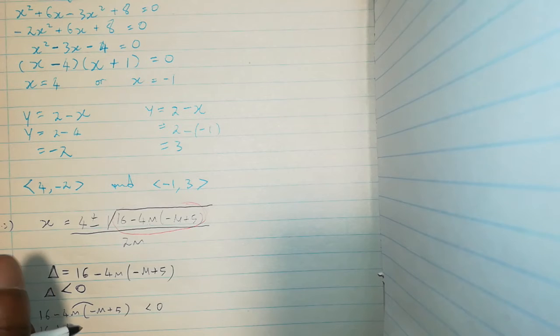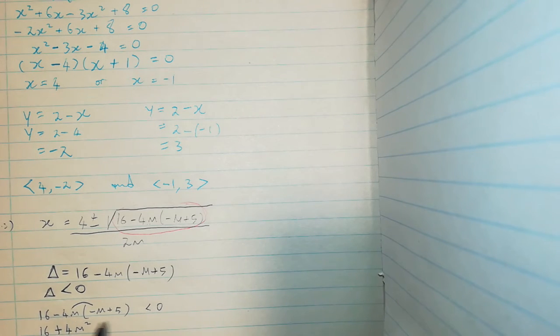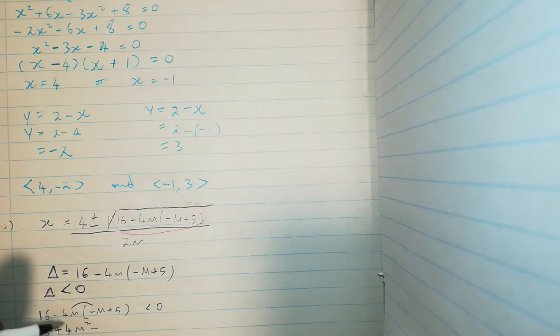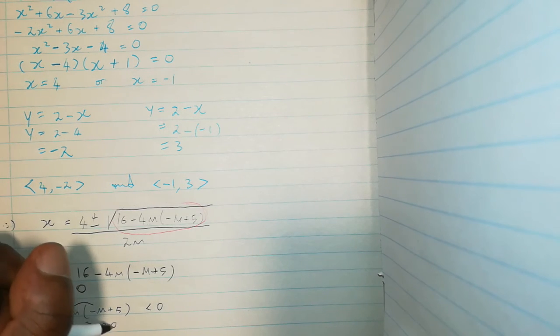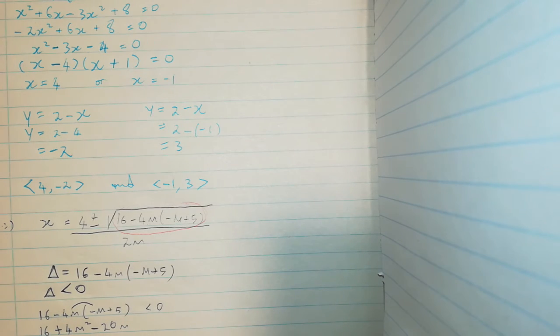M and m give you m squared. 4 multiplied by 5 is 20, but a positive times a negative is a negative 20m, less than 0.